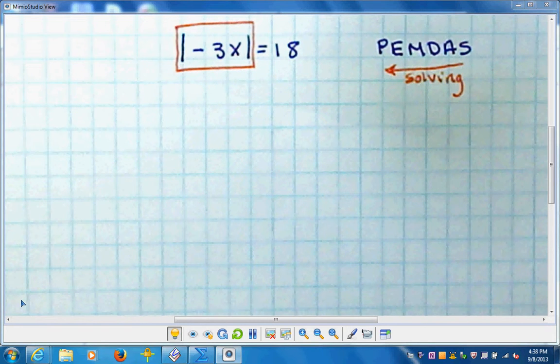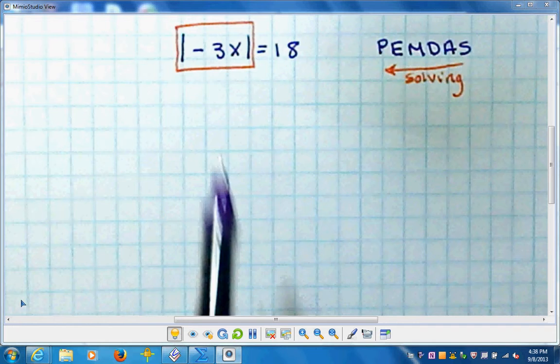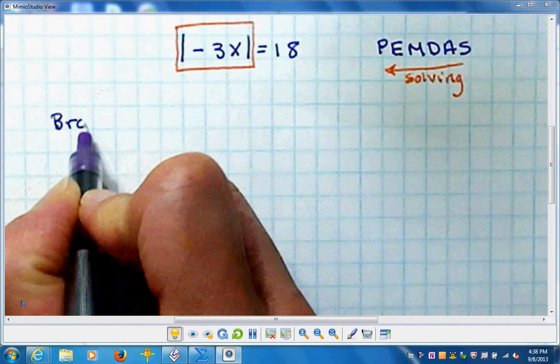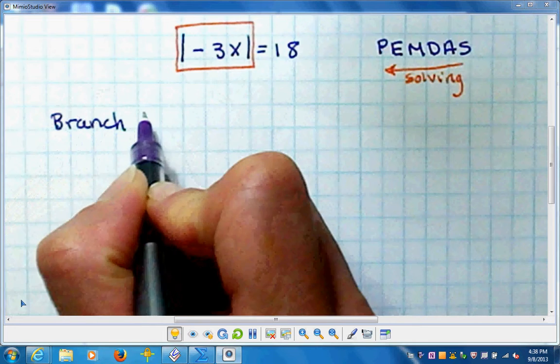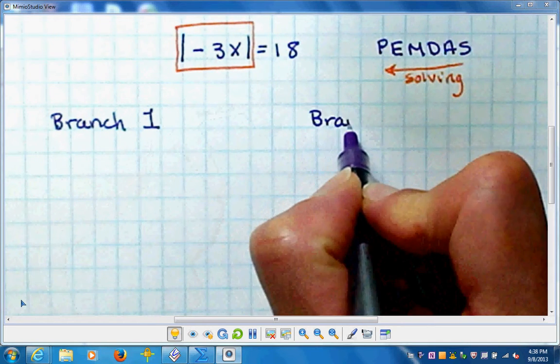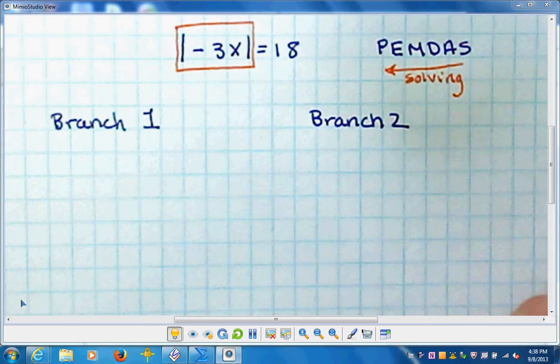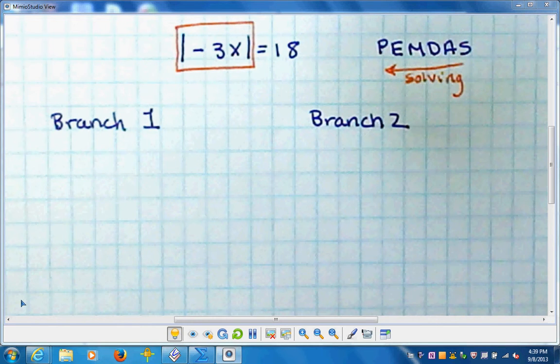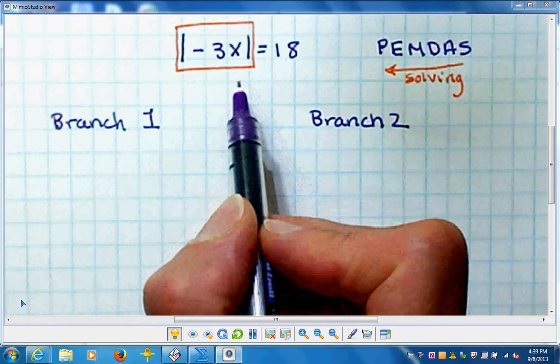So since there's nothing being added, subtracted, multiplied on the outside of those absolute values over here, we can go ahead and set this up into branch 1 and branch 2. Absolute value problems are always going to give us two different values for x, with the exception of 0.